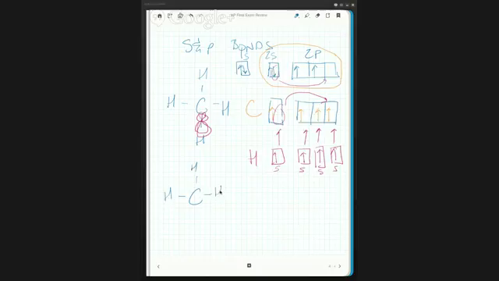When they're asking for the hybridization, they're asking for the hybridization on the central atom. So basically the easiest way to do it is this is S, P, P, P. So it's sp3.